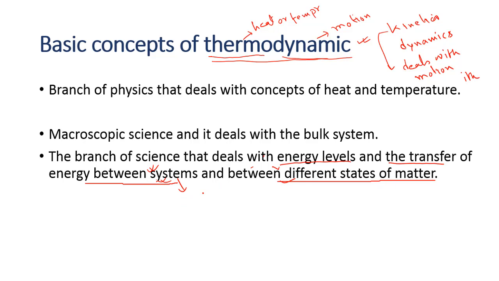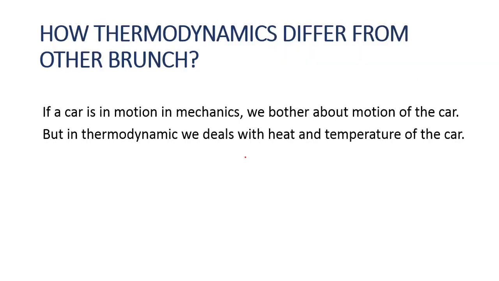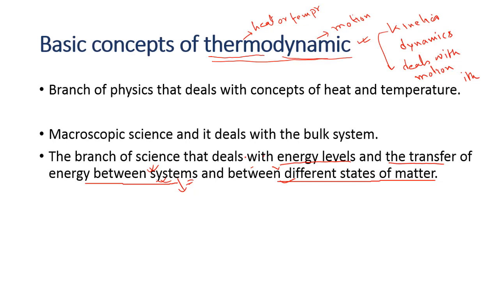How they transfer from an open system to a closed system, and there are lots of things, we can discuss in later videos. But just remember this: it is a branch of physics that deals with energy transfer between the system and different states of matter. So these are the very basic concepts of thermodynamics.